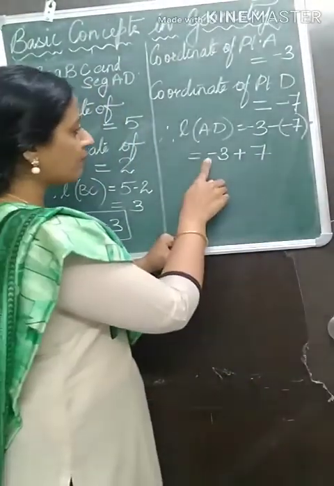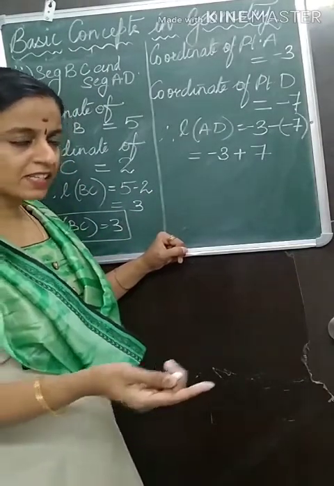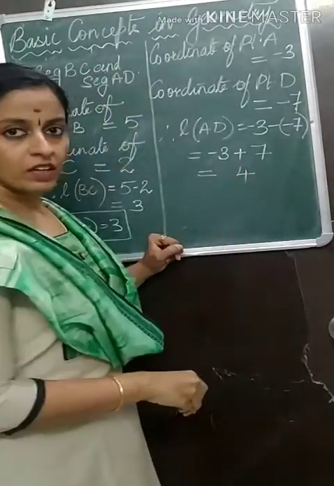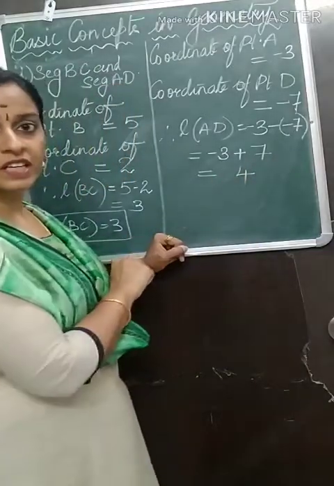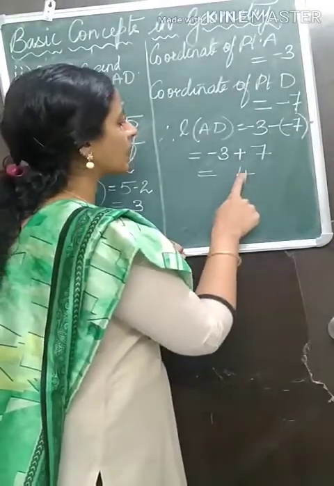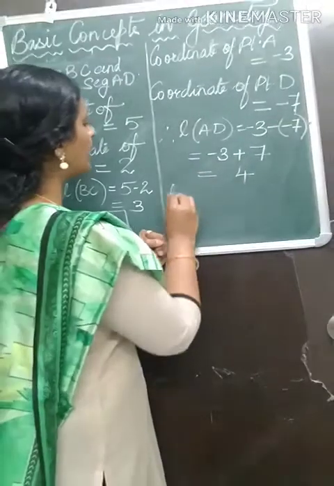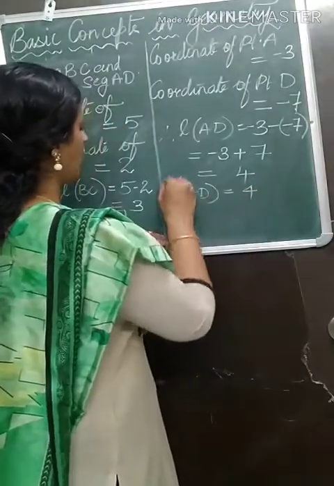Now, again we have minus and plus. Minus into plus is minus. Now, subtract: 7 minus 3 is equal to 4. You will put the sign of the bigger number. 3 and 7, which is bigger? 7 is the bigger number. Its sign is plus. So the length of AD is equal to 4.